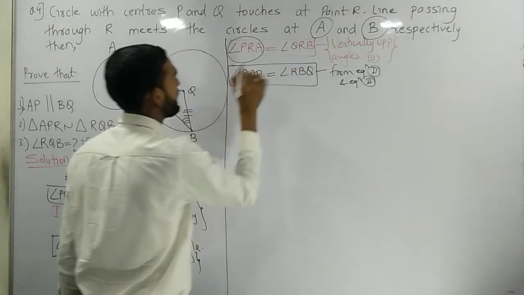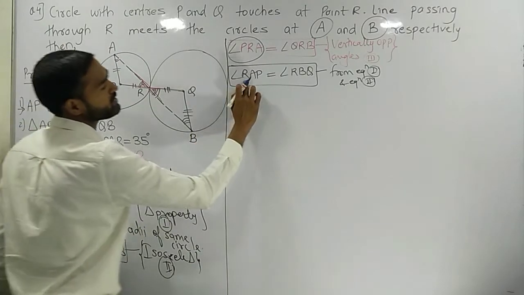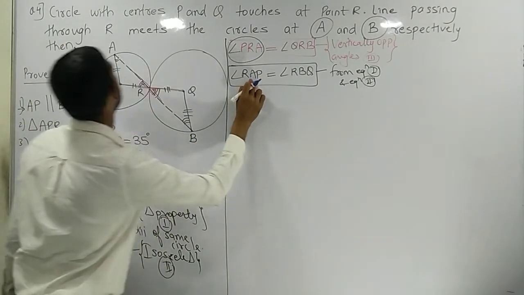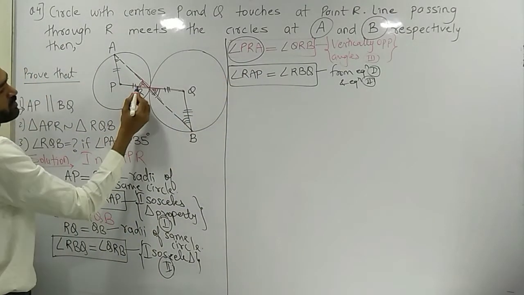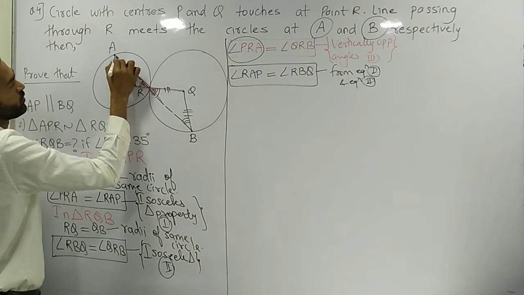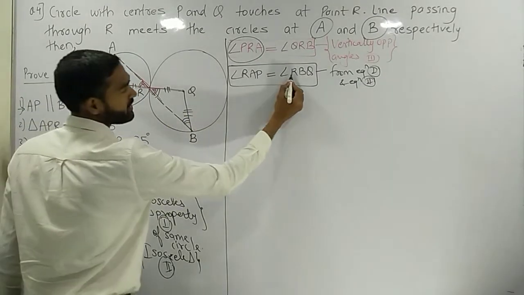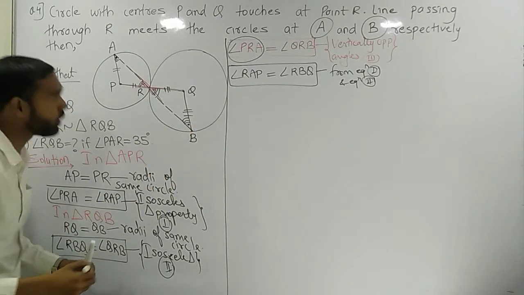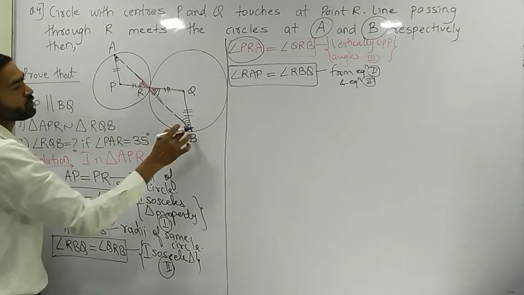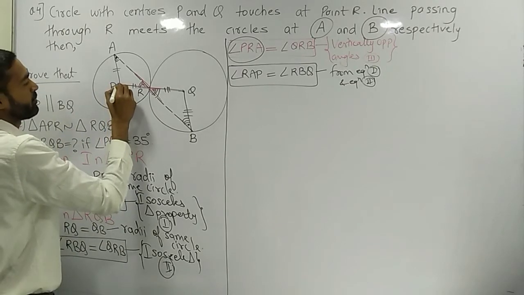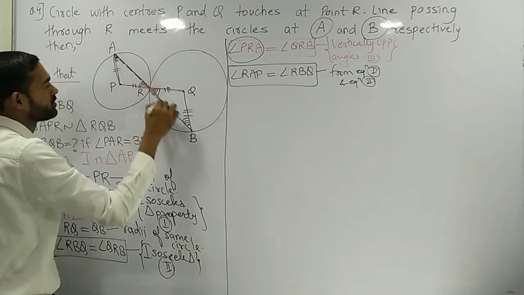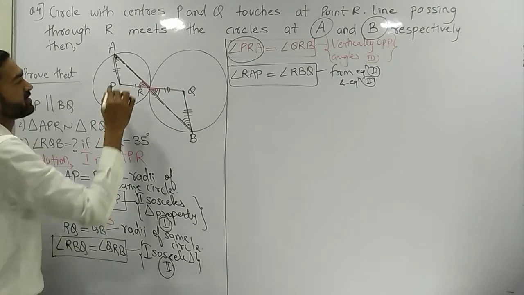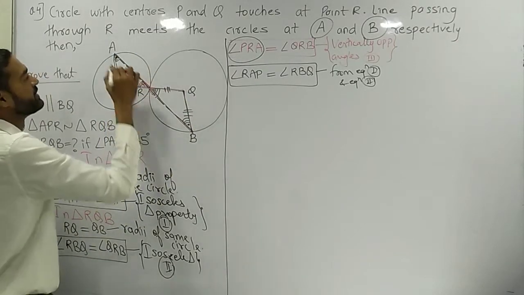So these two angles are equal. Which two angles are these? RAP, we are talking about this angle, and another is RBQ, this angle. If these two angles are equal, can you see one alphabet? Yes, this alphabet is Z, right?